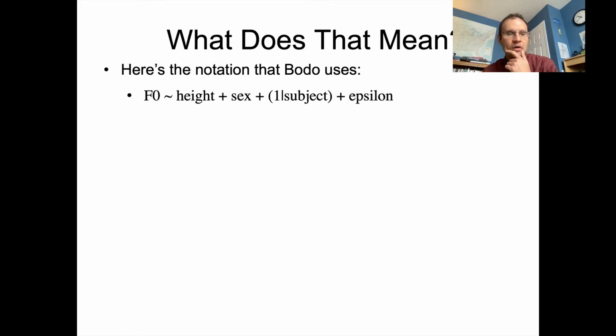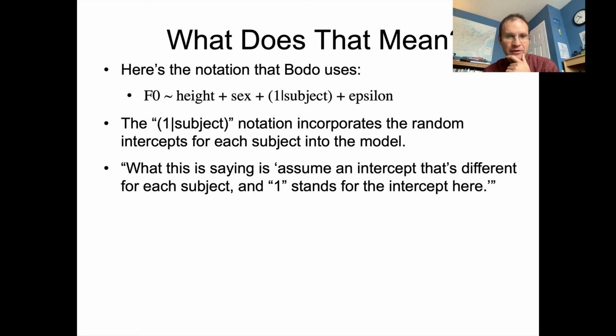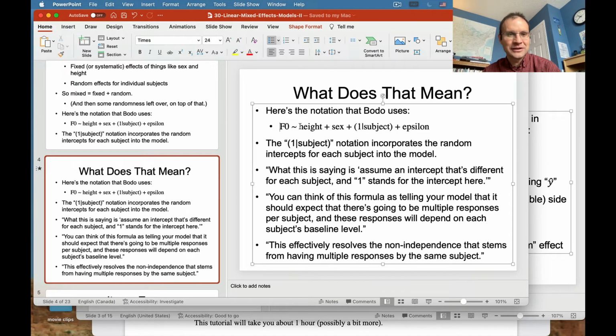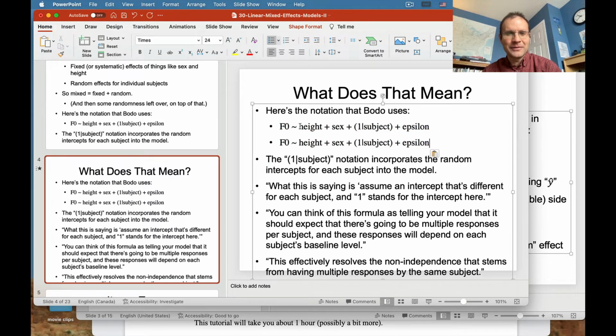Okay, so we talked about those points, but there's a quote from the tutorial. What this is saying is, assume an intercept that's different for each subject, and 1 stands for the intercept here. I don't know if we looked at an example like that, but you could create an intercept-only model. We'll see these eventually, but I'll show it to you ahead of time. The most basic or null model is just to create F0 depends on 1.